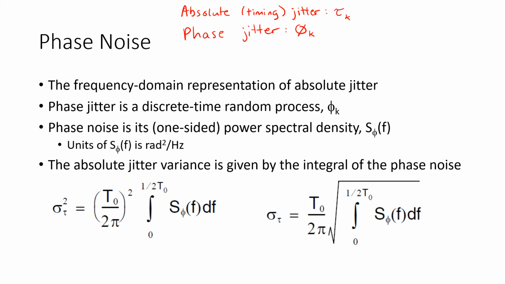As with any random process, we can obtain a frequency domain representation by taking the Fourier transform of the autocorrelation of either of these discrete time random processes. So if we do that for the phase jitter sequence, we define the resulting power spectral density with an S subscript phi, and that then is the so-called phase noise.